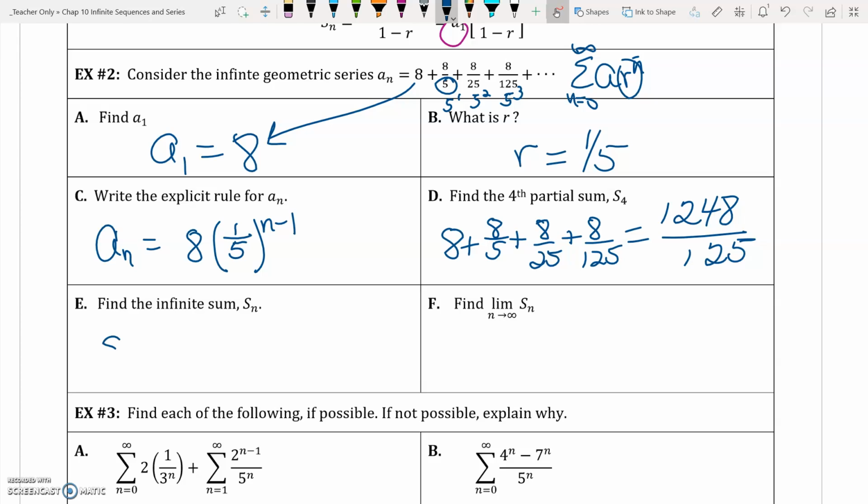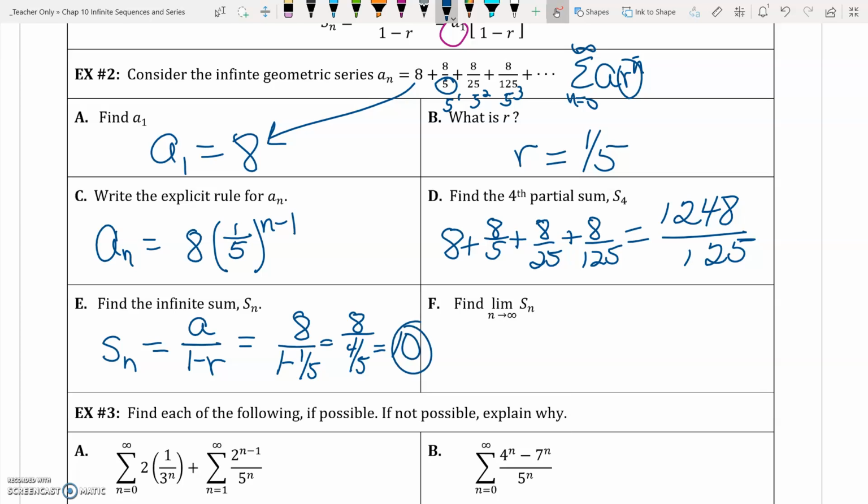So we're trying to find the infinite sum. Using our formula, it is a over 1 minus r, so it's going to be 8 over 1 minus 1/5. When we simplify this, we get 8 over 4/5, which becomes 10.